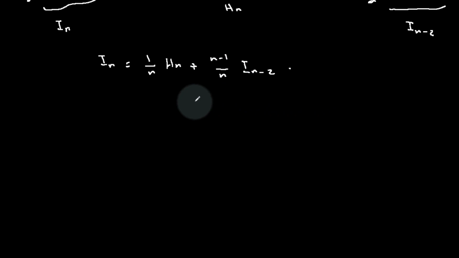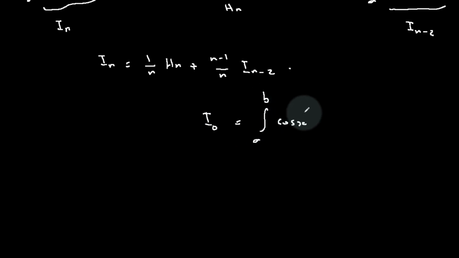We have to start by calculating I0. I0 is equal to the integral from a to b of cosine x power 0, so quite simply it's equal to b minus a.